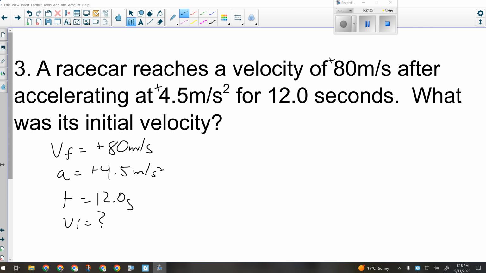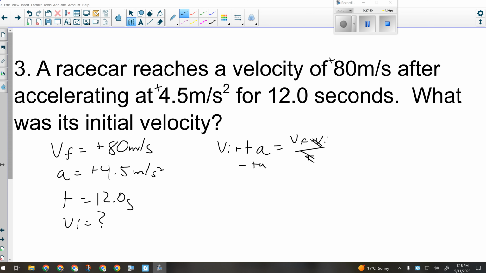Sometimes you get them and they're this easy. I would give you one like this on a quiz. It's not a super tricky context question. All right, so we have to solve for VI. A equals VF minus VI over T. Multiply both sides by T. Add VI to both sides.